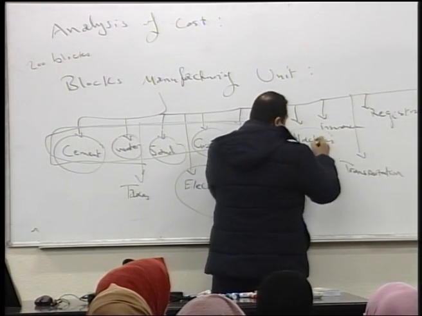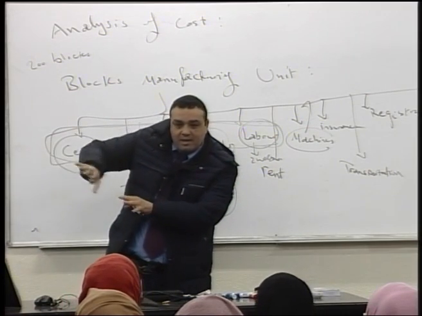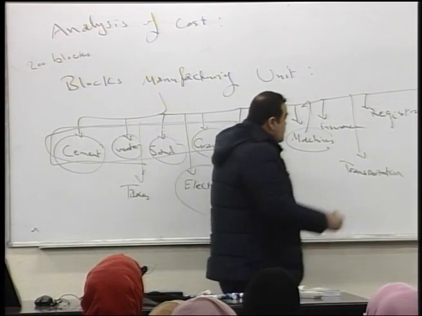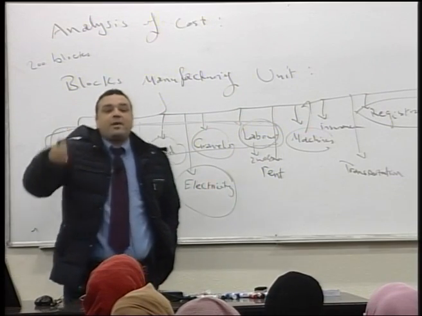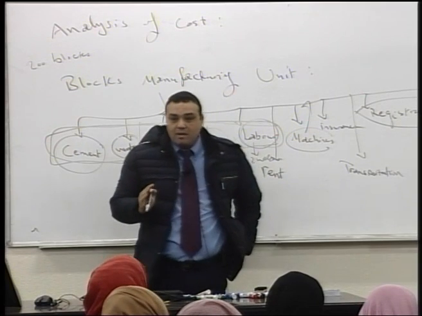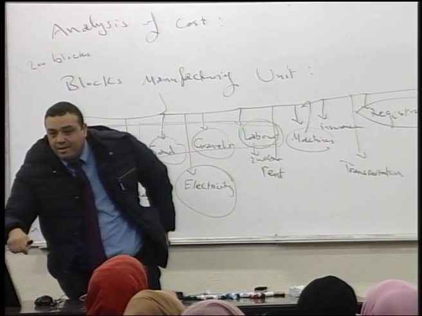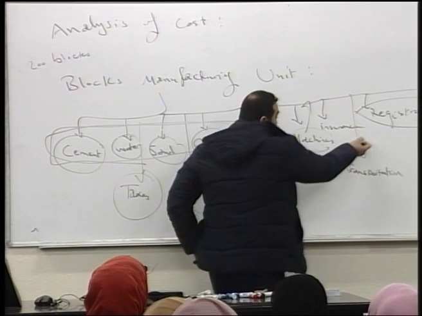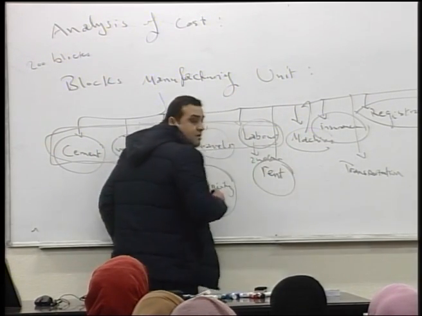No, machinery is not a variable cost. It's an investment cost, the capital. What about the registration for the factory? We have to pay it whether we produce or not. The license of the factory, the annual fee, taxes, or insurance, and land rent.